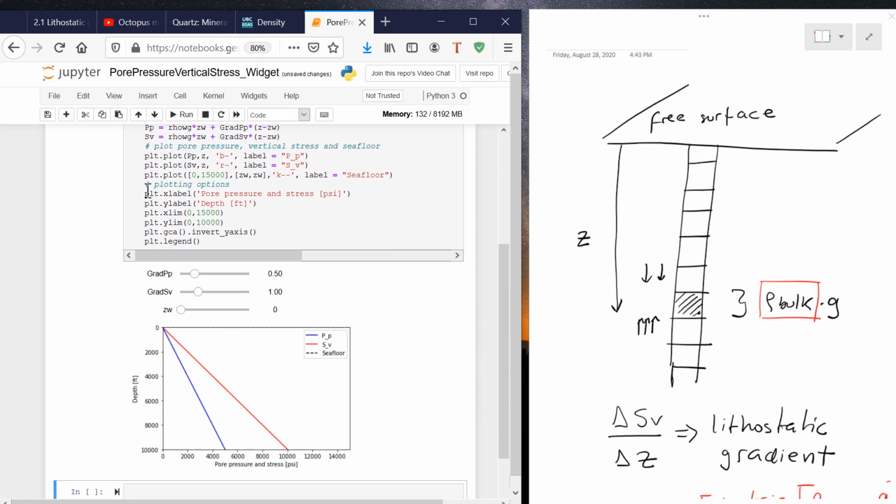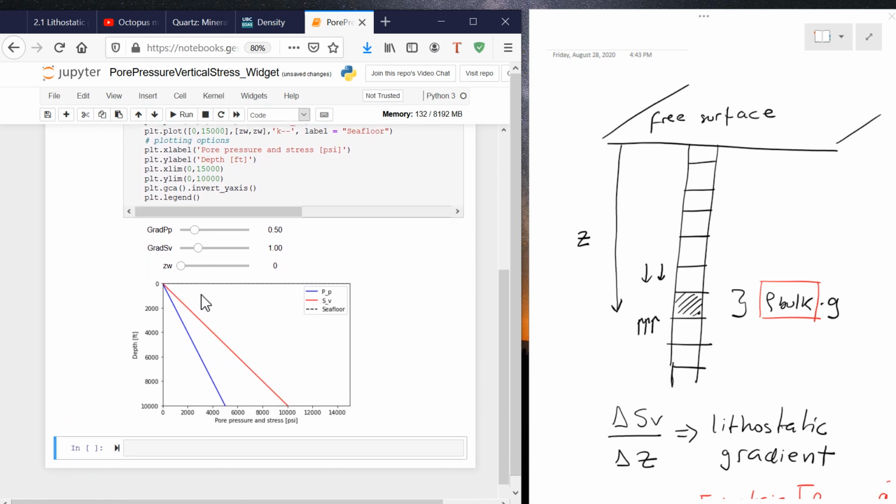And what this is doing is calculating vertical stress and pore pressure with a given depth for the seafloor. For example, if I increase the depth of the seafloor to, let's say, 1,000 feet, now you see that the vertical stress is not starting at zero anymore.